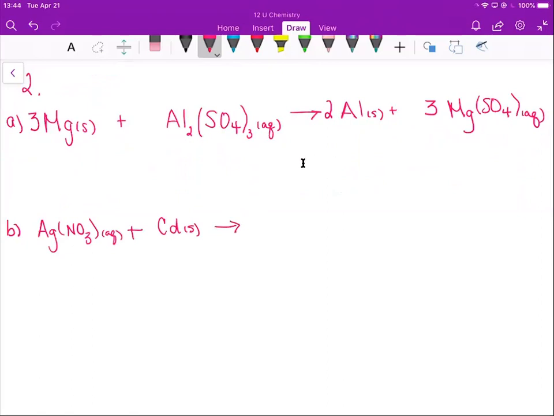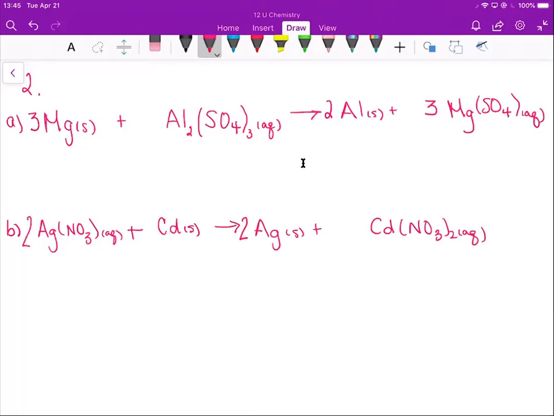And actually, I don't know offhand what cadmium charges. So it is 2 plus. Okay, so when it reacts, we're going to have silver becoming solid plus cadmium nitrate aqueous. And so we need 2 of these and 2 of these.